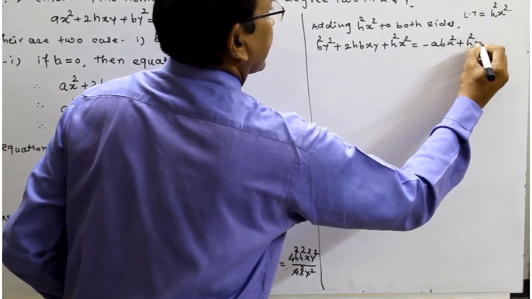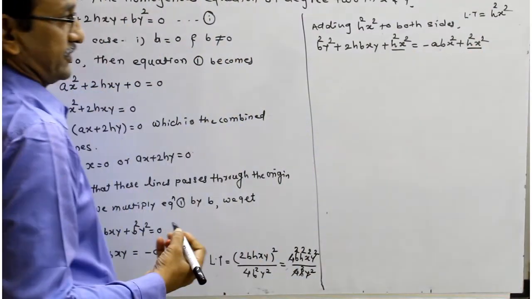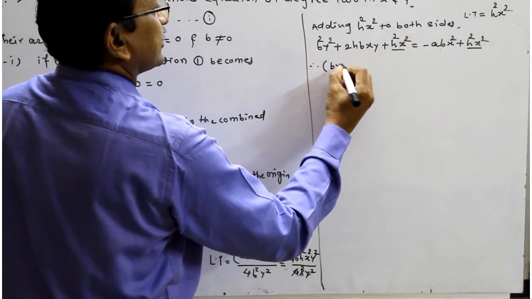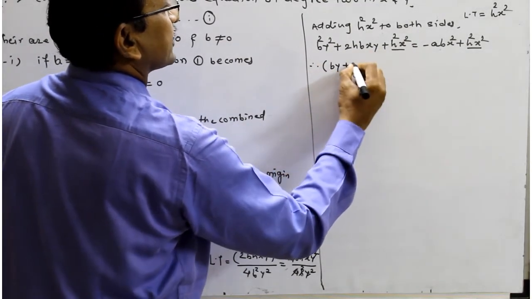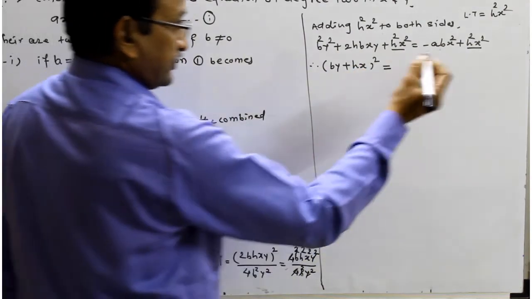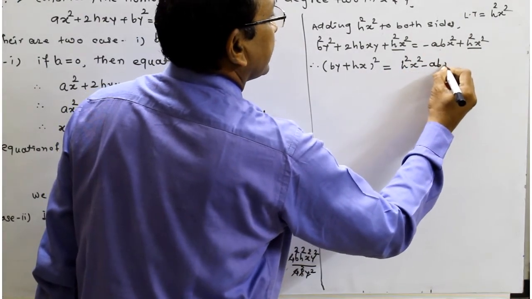So now it is a perfect square, by plus hx the whole square, is equal to h square x square minus abx square.